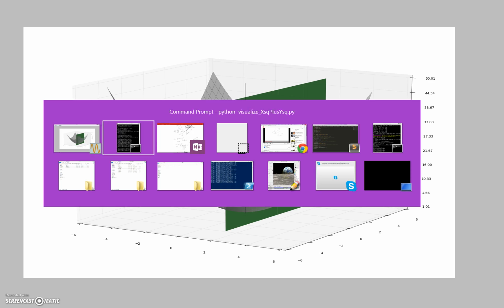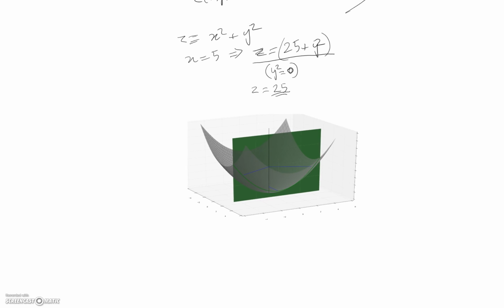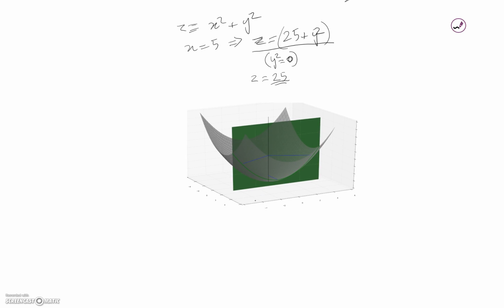Let's take this back to a place where we can draw on it, which I've already done here. And you can see that with this green parabola, this is the minimum point, which happens to be z equal to 25, x obviously equals 5 because that's our constraint, and y equals 0 from here.